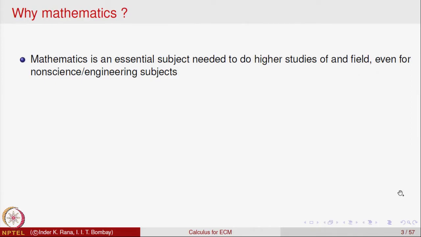Yes, I agree that long back, maybe around 20 years back, one thought mathematics is not required by non-engineers and non-scientists, but now there is hardly any field in our day-to-day life where mathematics is not used or is not useful, and much more so in economics, commerce and management. So, I will try to give you a brief reason why mathematics is required and is important.